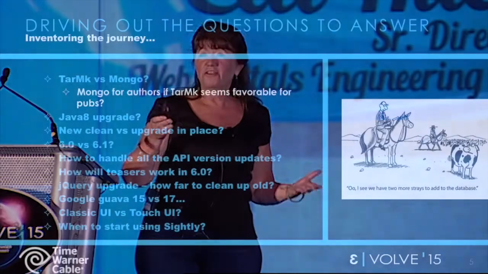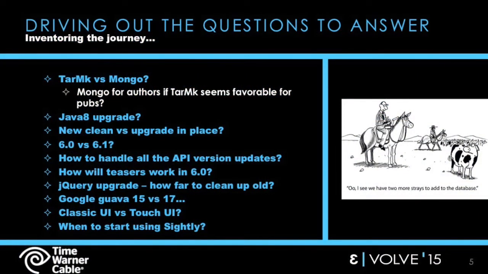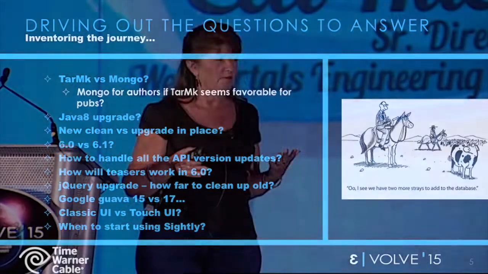And then when or if to start using Sightly, what's the code that comes out of that generated, and how does it perform, and get the development team into it or not. Take a look at all that stuff. So these are all the questions for the journey that we needed to drive out and answer as we went through it.